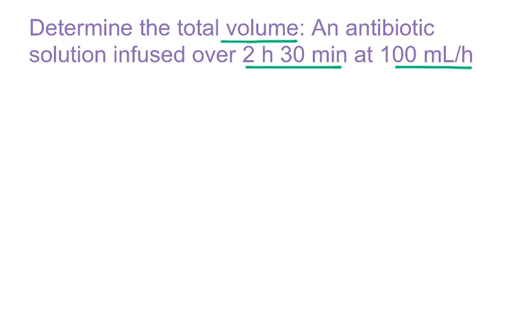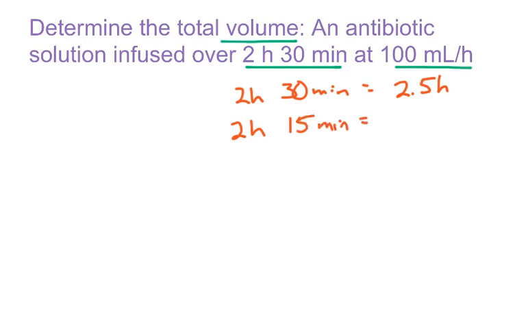Certain amounts of time it would be helpful to just memorize. Most people are very comfortable with knowing that 2 hours and 30 minutes is also 2.5 hours. The other ones that would help to be comfortable with are 2 hours and 15 minutes. One way to think about it is, well, 15 minutes is a quarter of an hour, right?